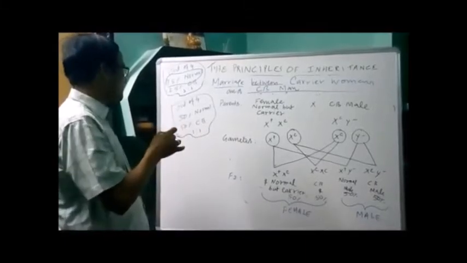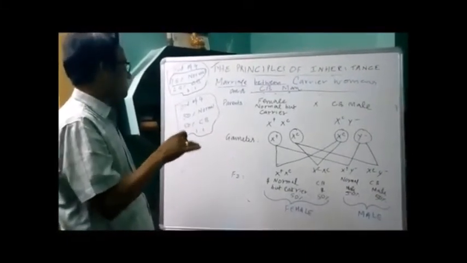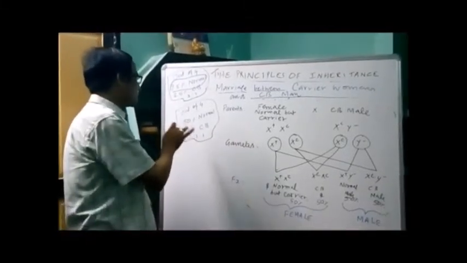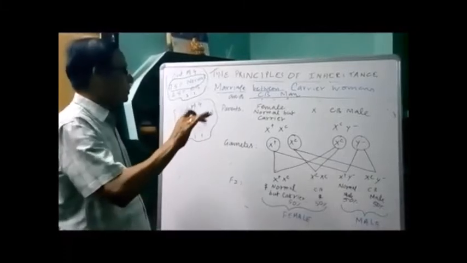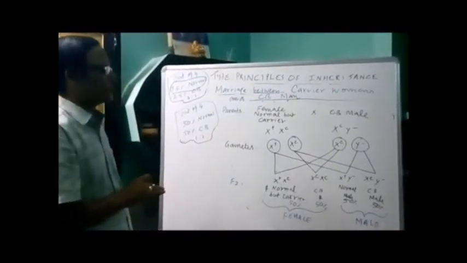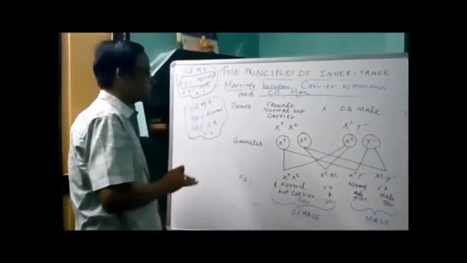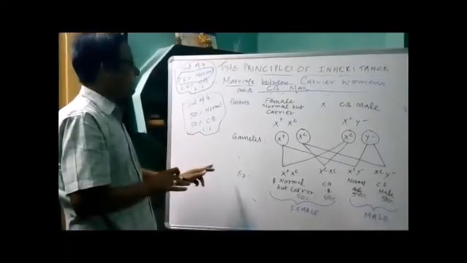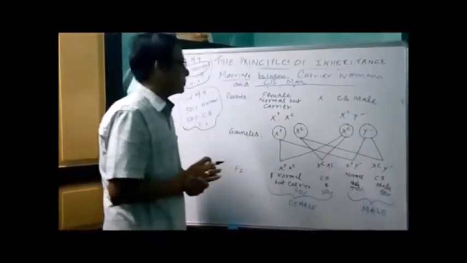So totally we can see, out of the 4 individuals, 2 plus 2, male and female together, 50% are normal and 50% are colorblind. So the ratio here is 1:1. There we got a 3:1 ratio. Here we are getting a 1:1 ratio. This is when the female is a carrier and the male is colorblind.